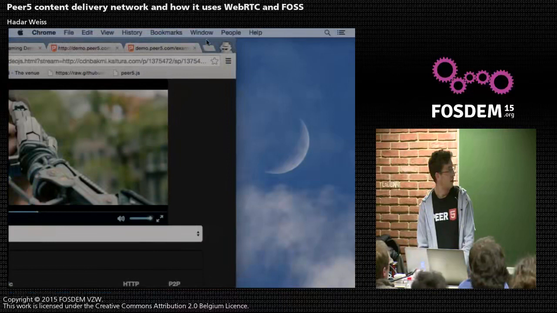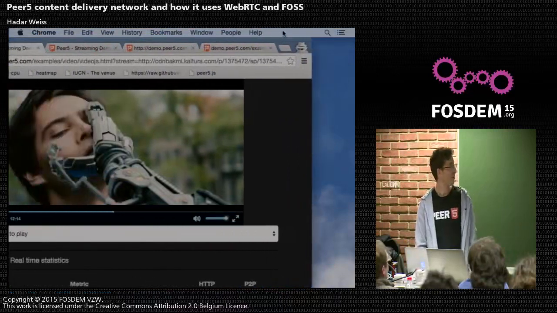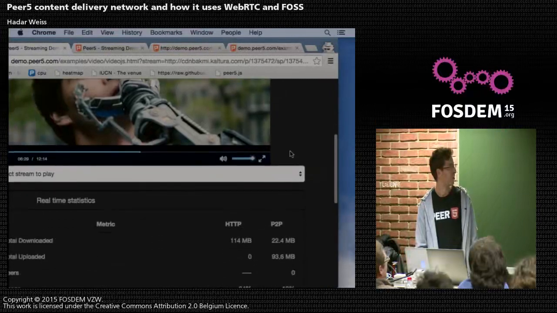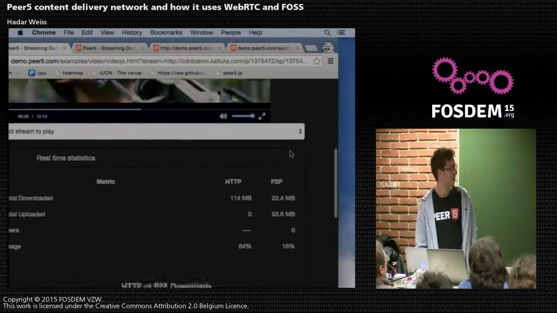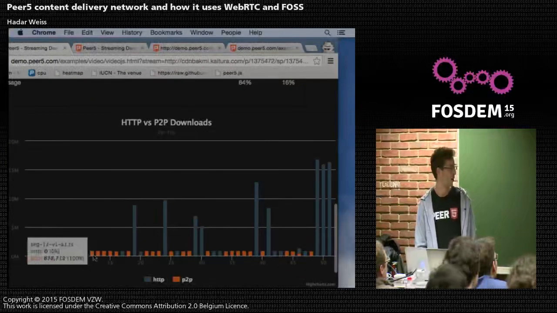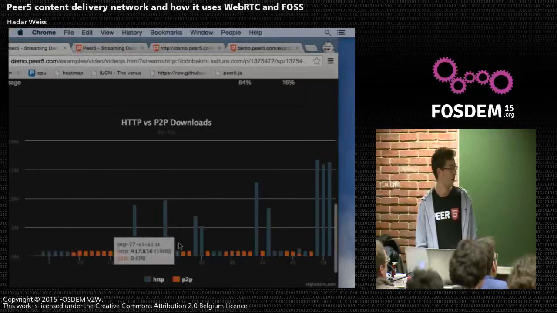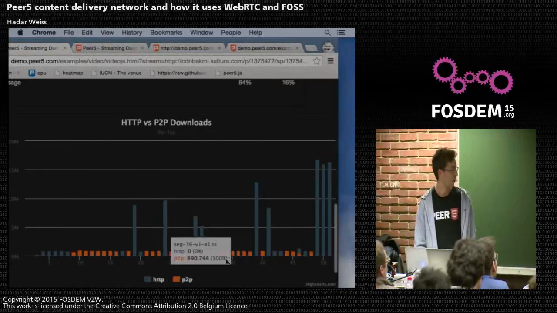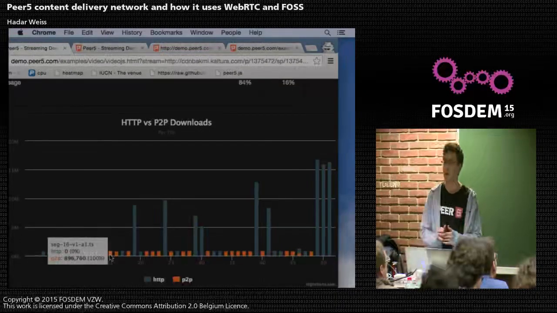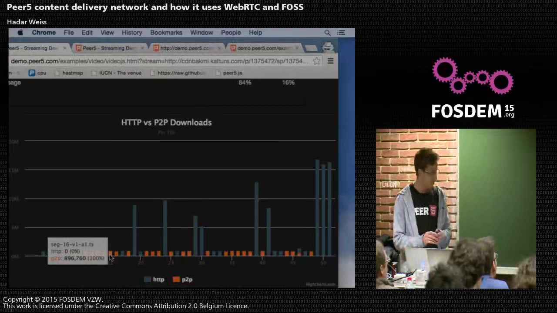So I don't know why this frame was picked. Interesting screenshot. But it was the demo I just ran, and this represents the actual chunks that I received as a peer, and I actually construct the buffer on the fly from the various sources.